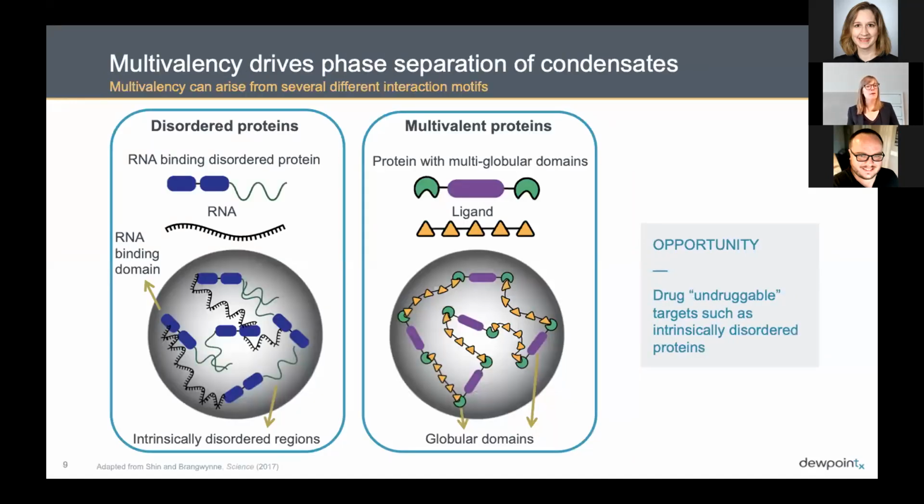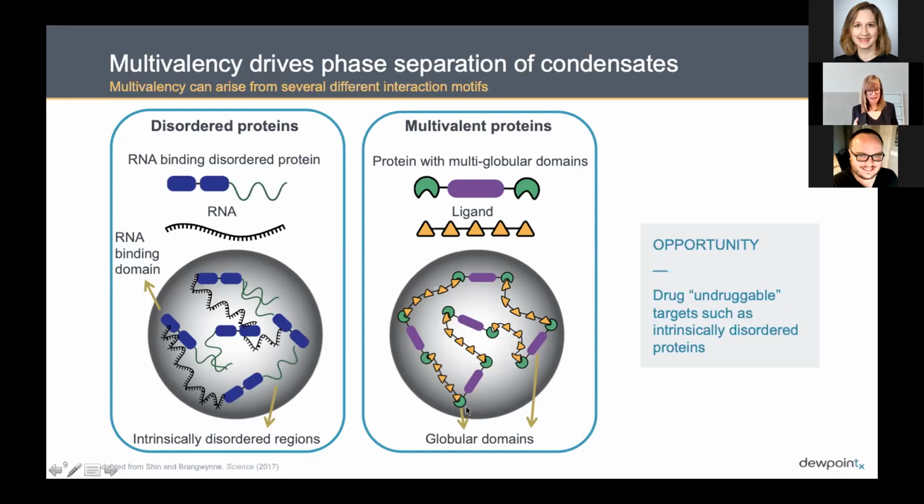Next, multivalency is a key feature of the biomolecules forming condensates. And this multivalency can arise from several different interaction motifs, such as, for example, intrinsically disordered proteins binding to intrinsically disordered proteins, RNA binding to RNA binding domains, but also from multiglobular protein domains binding to multivalent ligands.